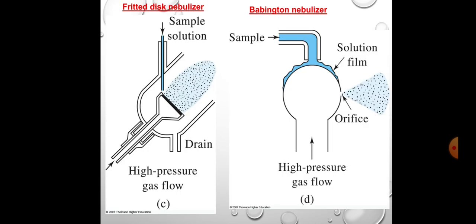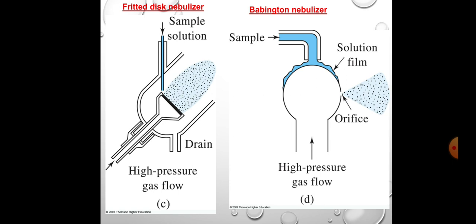Here you can see the pictures of these two nebulizers. On the left side you can see the fritted disk nebulizer. As you see, there is a fritted disk, and the sample solution from the top will come down, and the flow of gas can make the sample a mist or very tiny droplets.